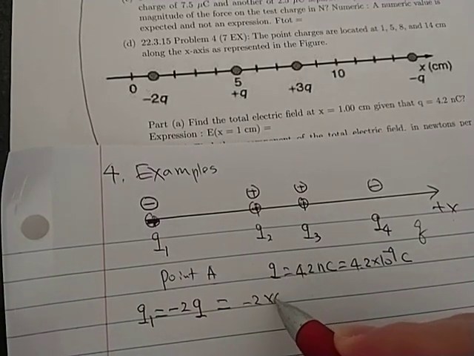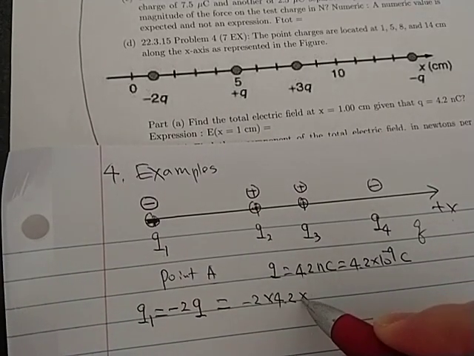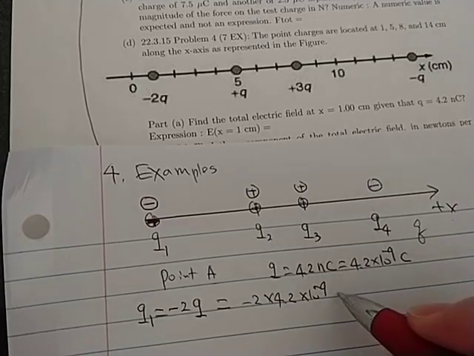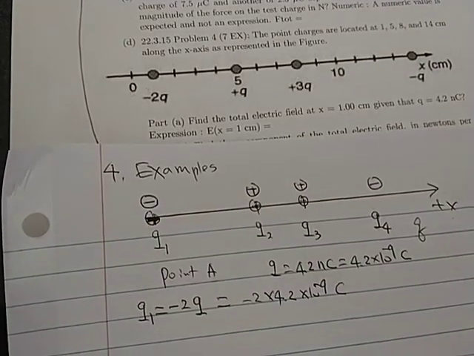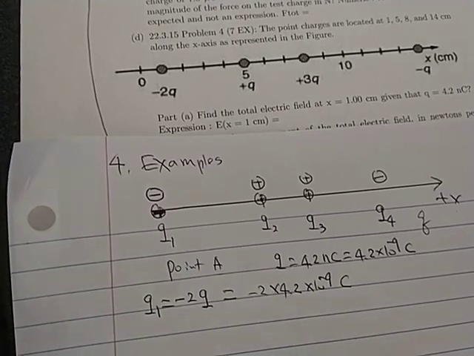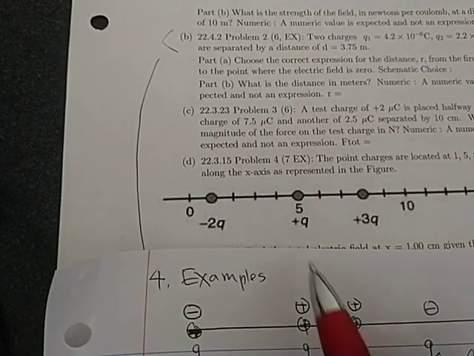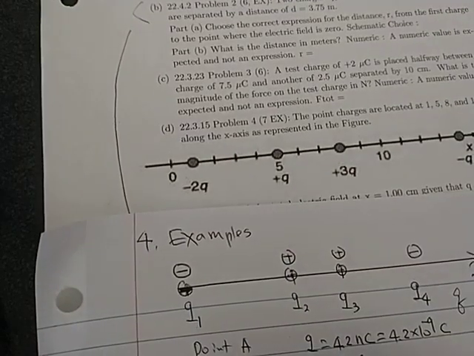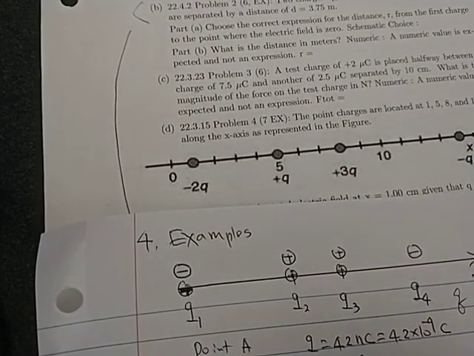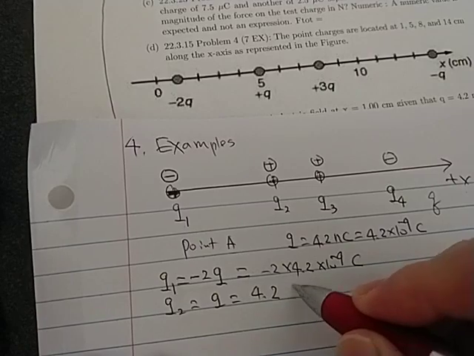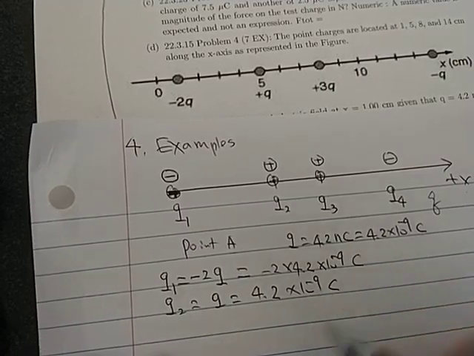Just 2 times 4.2 times 10 to the negative 9 coulombs. You can do the rest of these quite easily. All I need to do is write Q2. Q2 is simply Q, and that's just 4.2 times 10 to the negative 9 coulombs.